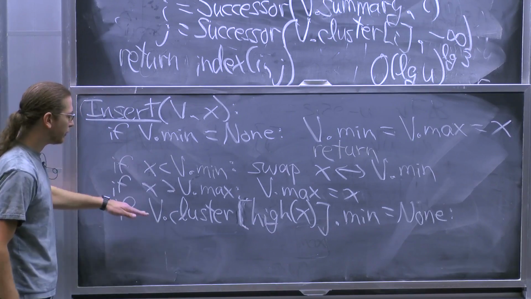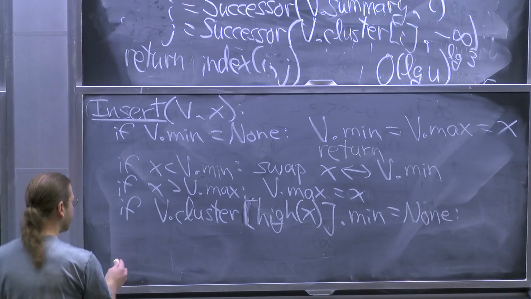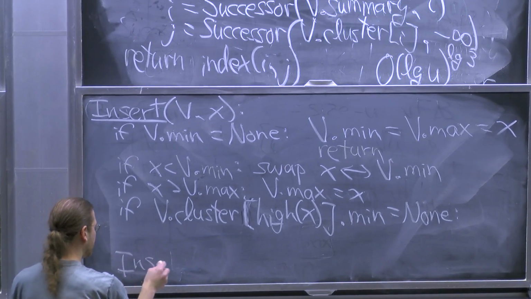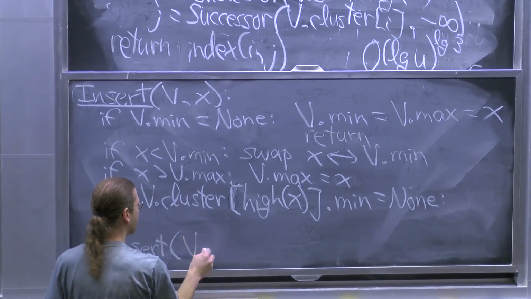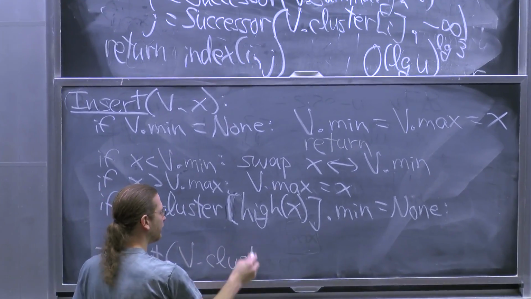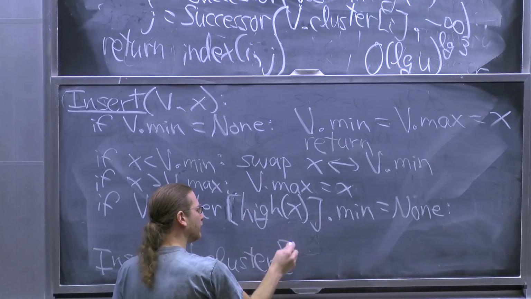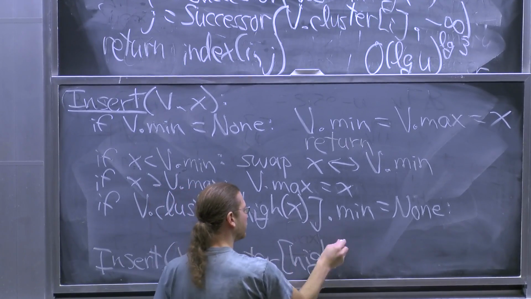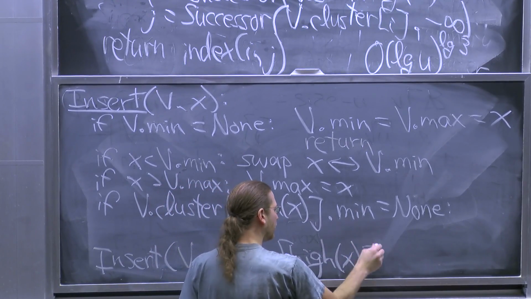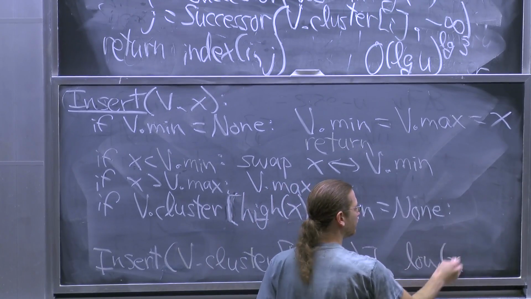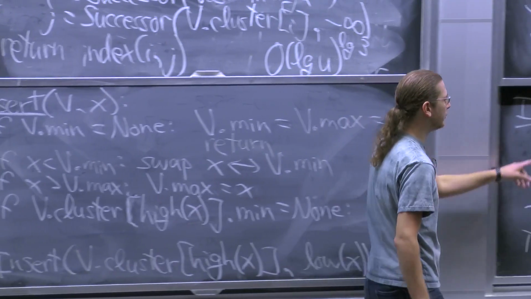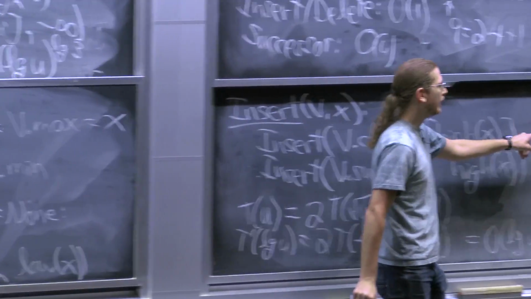So we're going to, in fact, the next line after this one is going to be insert v.cluster[high of x], comma, low of x. Right, that's this line. We're always going to do that.